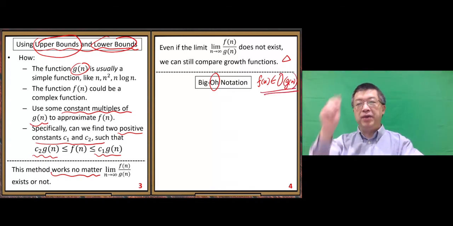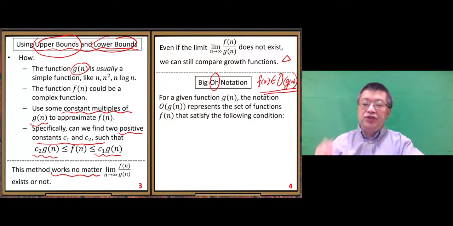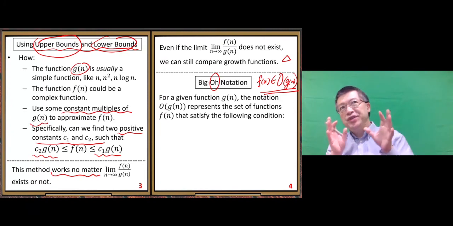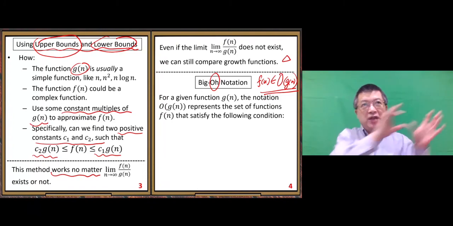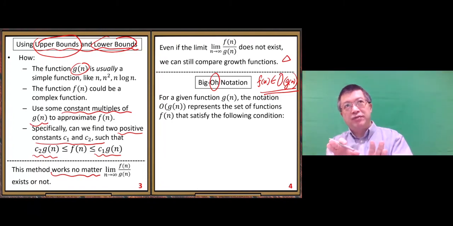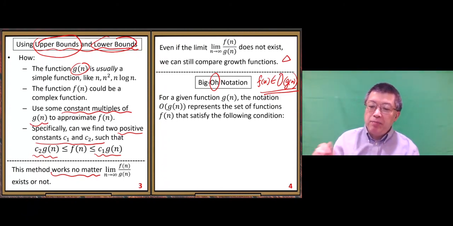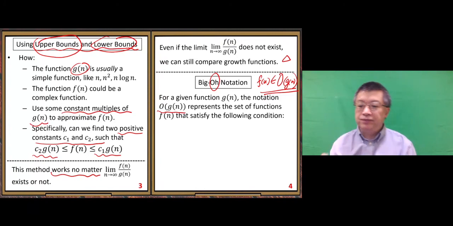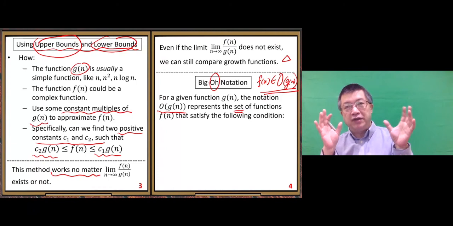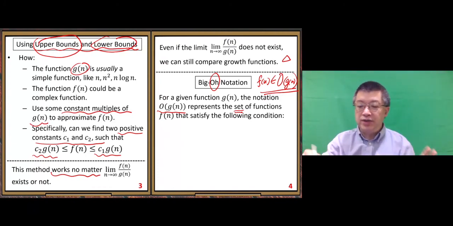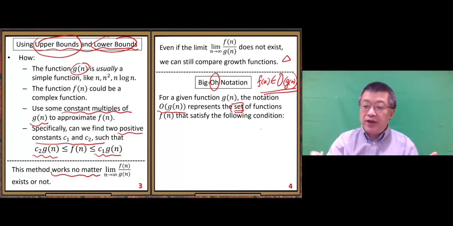For a given function g of n, because we use it as the standard, we use other functions to compare with this standard function. The notation big O of g of n represents a set of functions. Asymptotic notation always represents a set of functions, f of n, that satisfy the following condition.